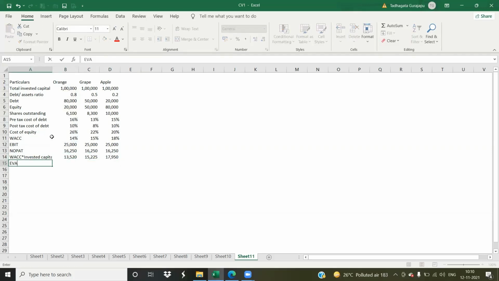EVA is nothing but NOPAT minus WACC into invested capital. So this is EVA, and this is WACC. This is the best investment.